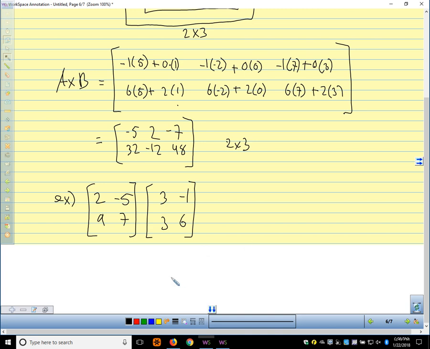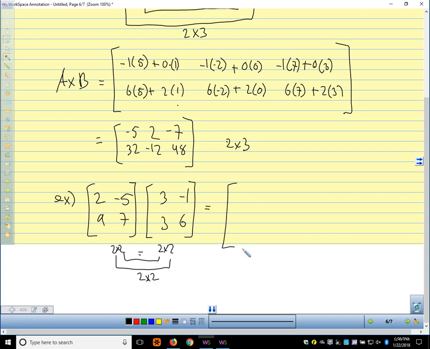All right, let's check. This is a 2 by 2, and this is a 2 by 2. Those are equal, and my result is going to be a 2 by 2. So if you get anything other than a 2 by 2 out, you know you've done something wrong.